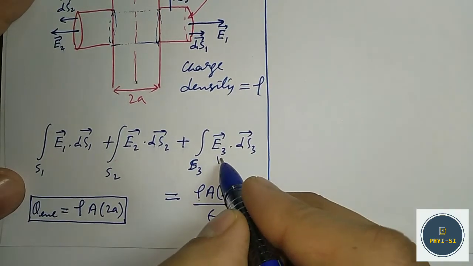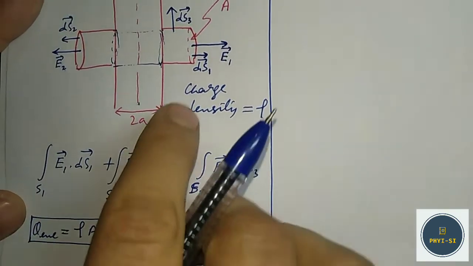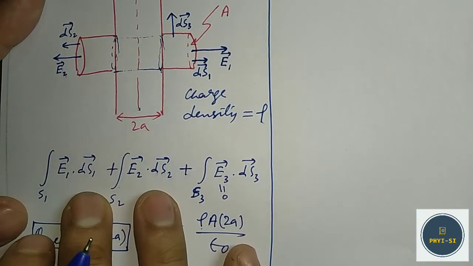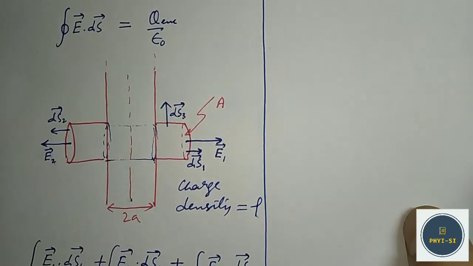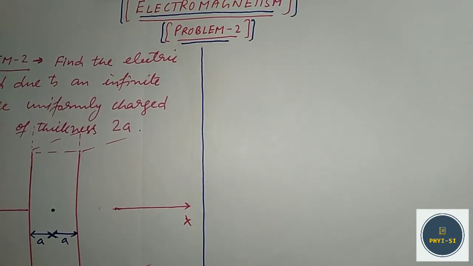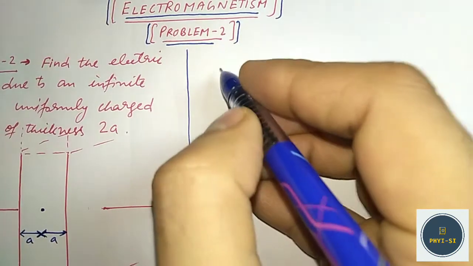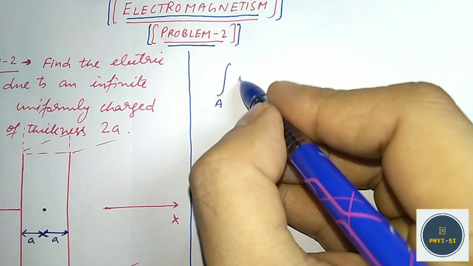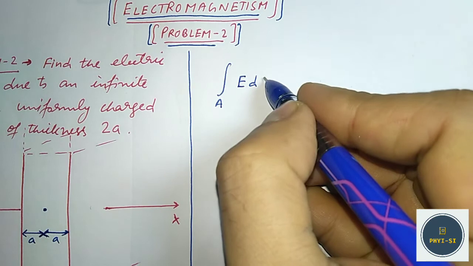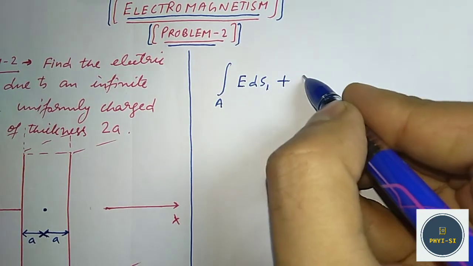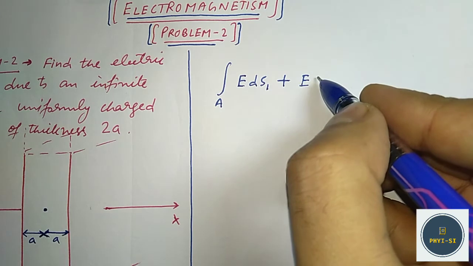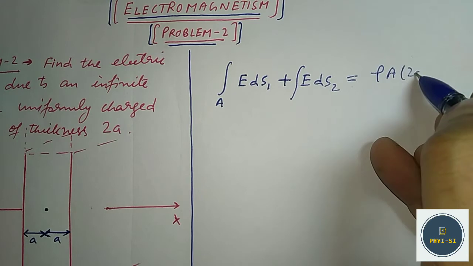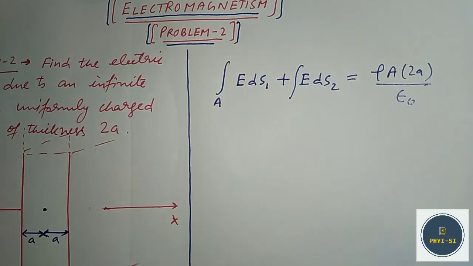Now we know E3 is 0, and E1 and E2 by symmetry are equal. So I'll write this equation as E times the area A over S1 plus E over S2, and this will be equal to rho A into twice of a divided by epsilon naught.